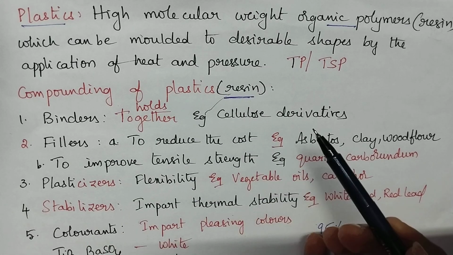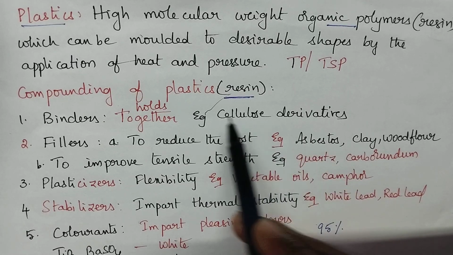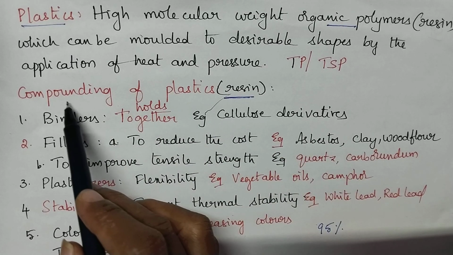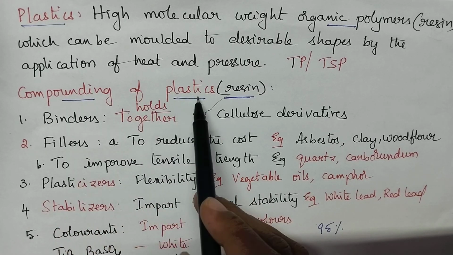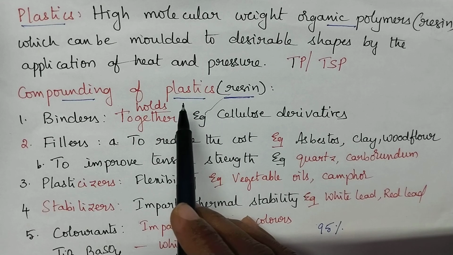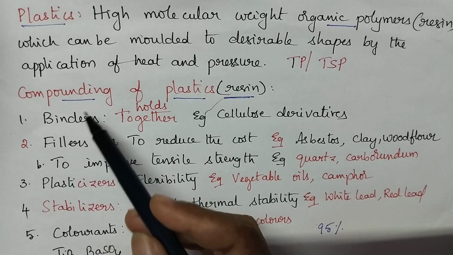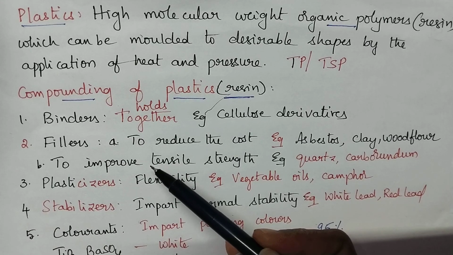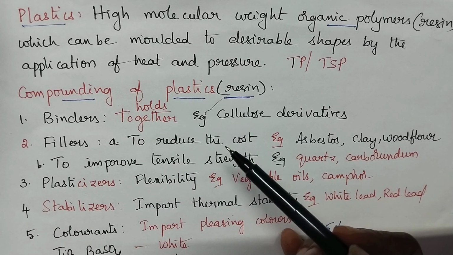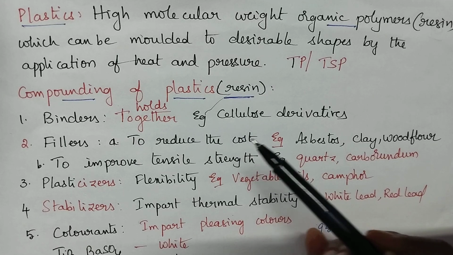So, in order to improve the properties of the plastics, generally compounding of plastics can be done. Compounding of plastics means it is the process in which several chemicals are added which results in the formation of a homogeneous mixture with improved workability.